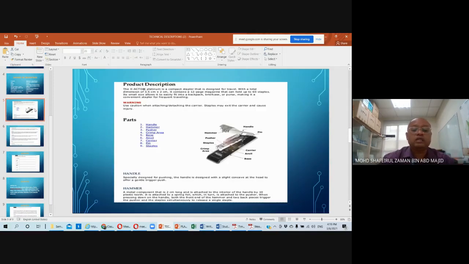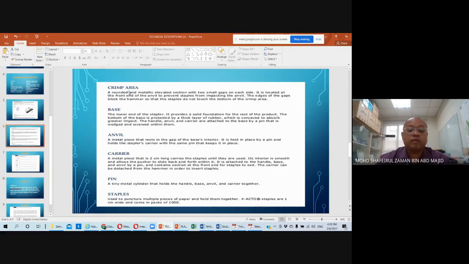When you are describing a product in technical description, you're going to use the part by part approach. As you can see, it started with the handle, then it goes to the hammer, then the cream area, base, anvil, carrier, pin, and staples. So this is how you are supposed to explain a product, whereby you use the part by part approach.